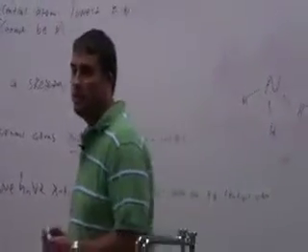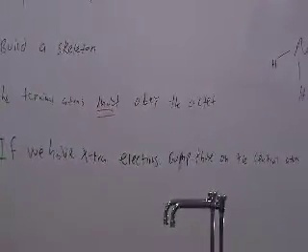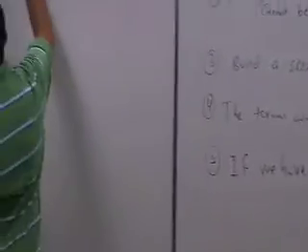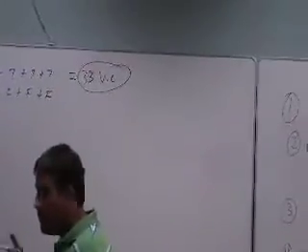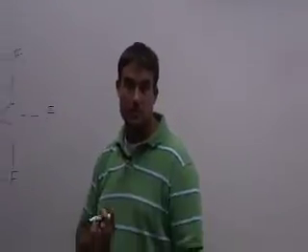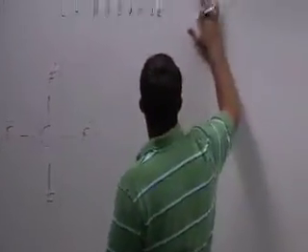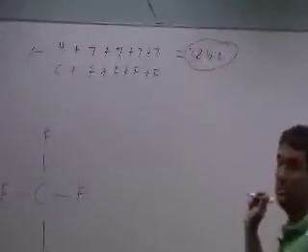Now, here's what that means. And nobody write this down, because then you're going to be confused. That means if this number was a 33, where would we put the extra electron? Right there. Now that number was not a 33. That number was a 32, so we didn't have to go through that rule.